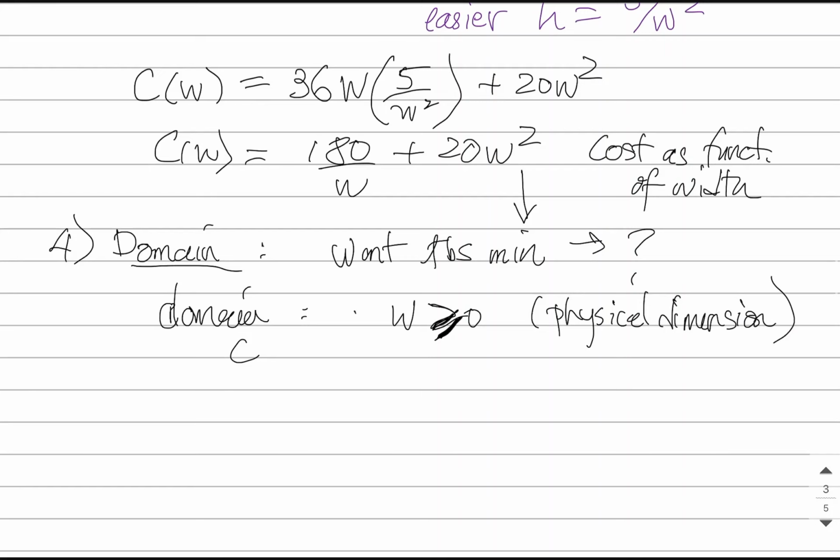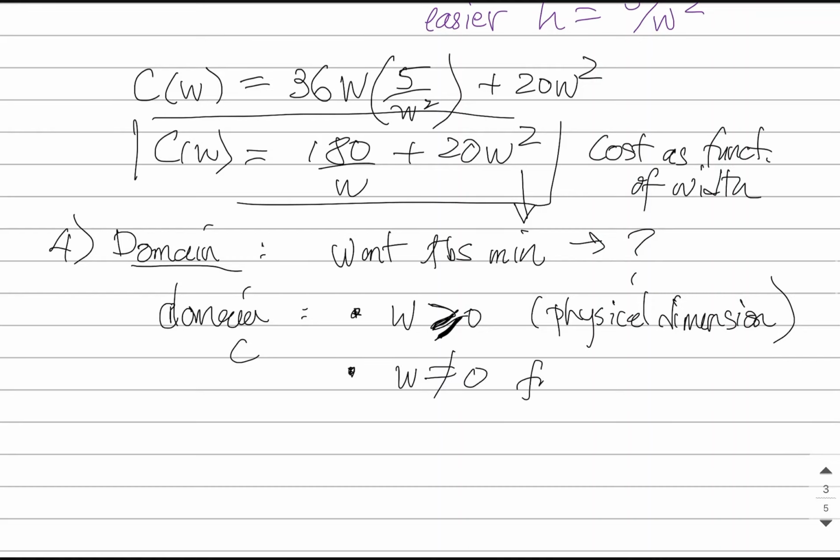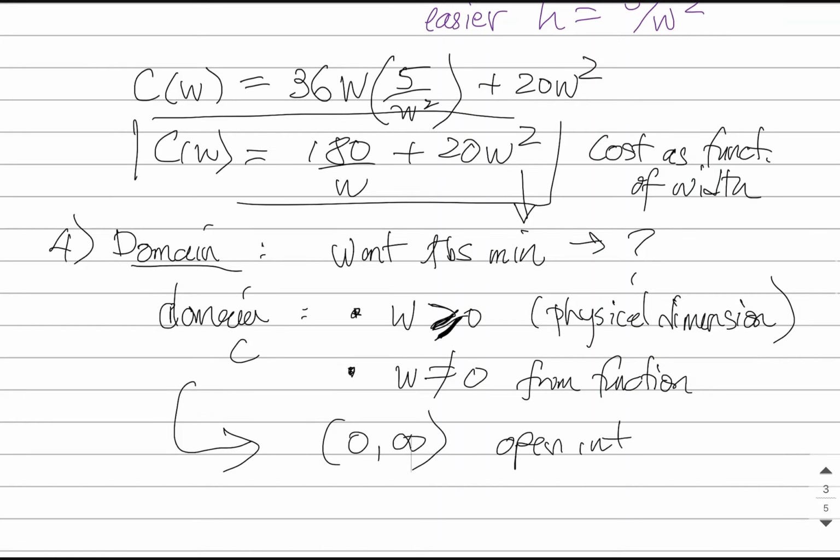It's a physical constraint. Now, mathematically, if you look at the function that we've been given here, it doesn't have any problems except for one value. W can't be 0, and that's from the function itself. So that means that the domain of this function turns out to be an open interval, 0 to infinity.